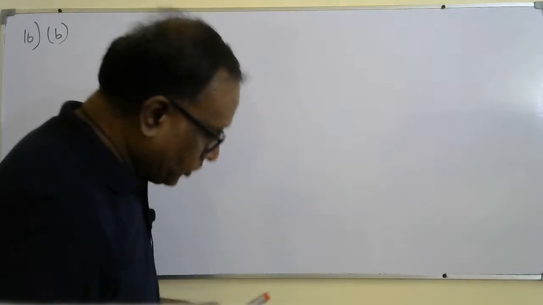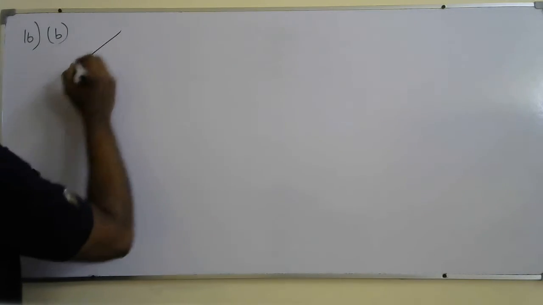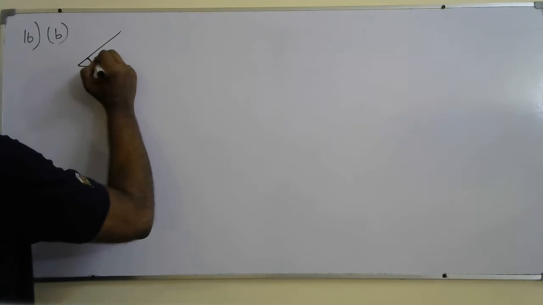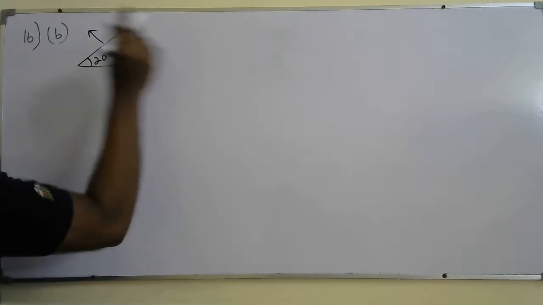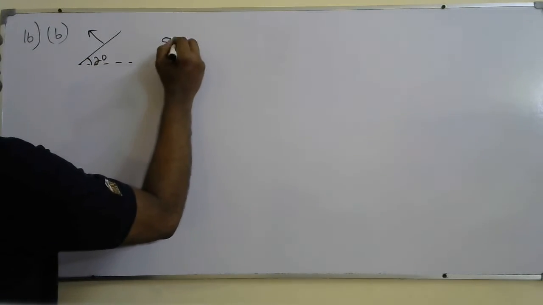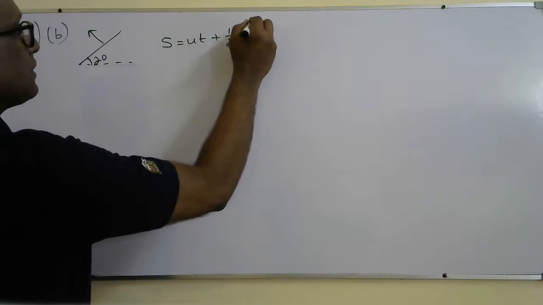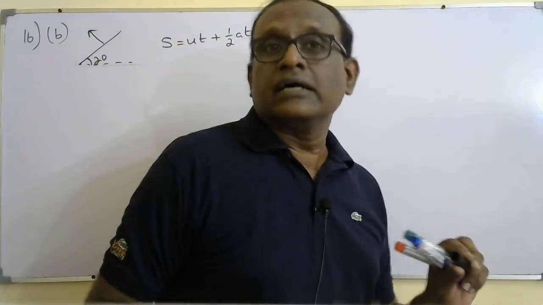So what I'm going to do, I'm going to use the equation perpendicular to the slope, in this direction. This is 20 degrees. I'm going to use the equation S equals ut plus half at squared, perpendicular to the side of the hill.